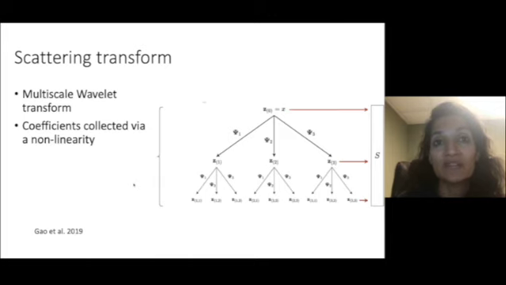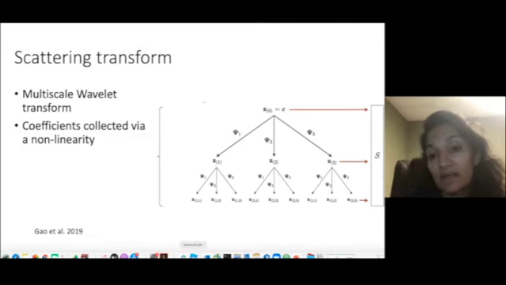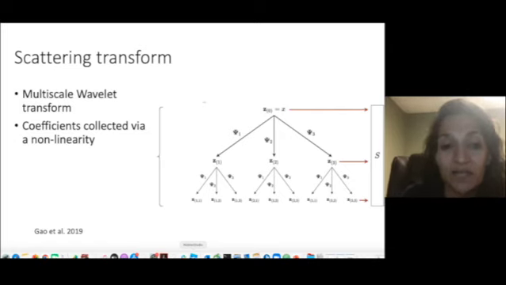but more recently these have become very useful. Just a couple of years ago, something called a geometric scattering transform was introduced. This geometric scattering transform is a multi-scale wavelet transform of several Dirac signals that you send around different vertices, and then you take different scaled wavelet transforms of those and you collect them using nonlinearities such as statistical moments or averages.